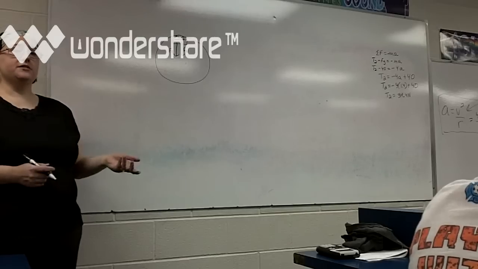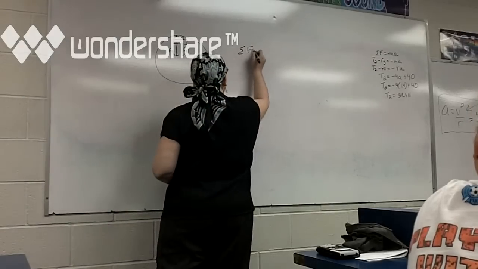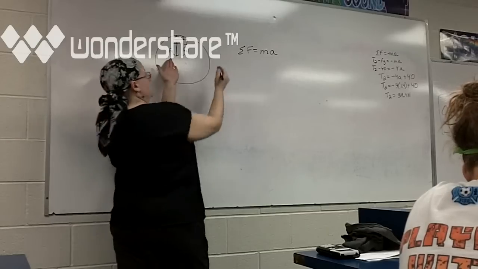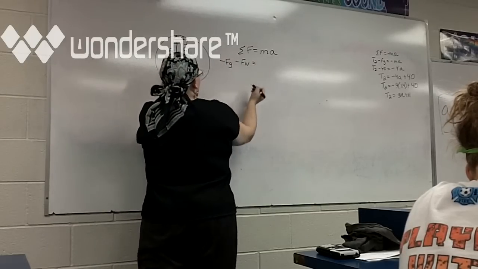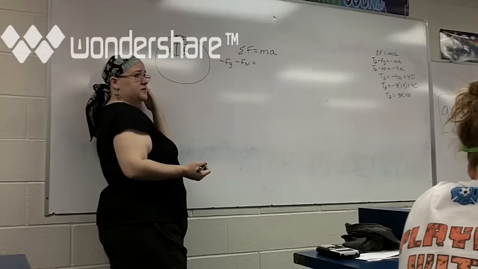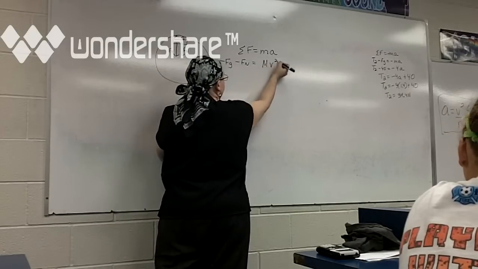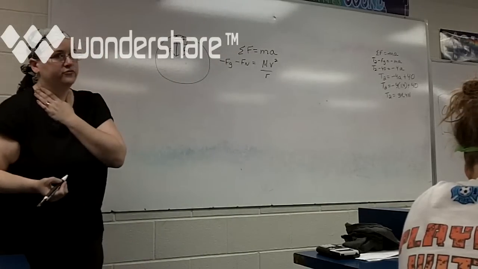So we're going to sum our forces and set it equal to mass times acceleration. Sum our forces: negative Fg, negative Fn, equals mass times, what kind of acceleration? Centripetal. And our acceleration acts in which direction?